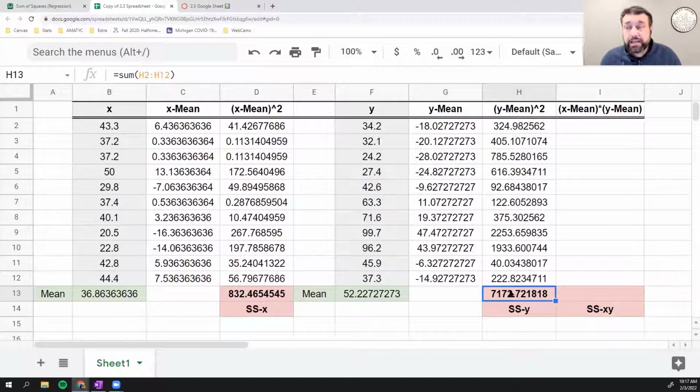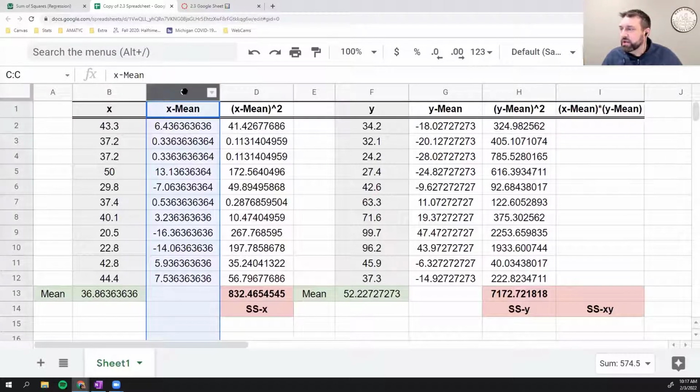The last thing we need is the sum of the product of the residuals. So again, look at the header of the column. This is X minus the mean, which is this column here, and Y minus the mean, this column here.